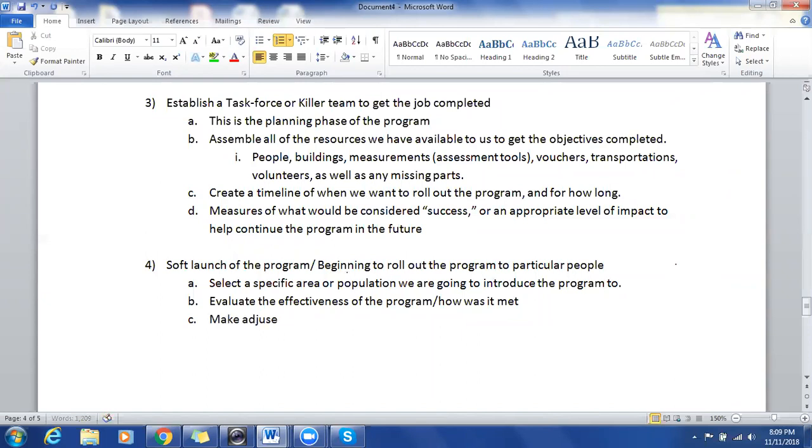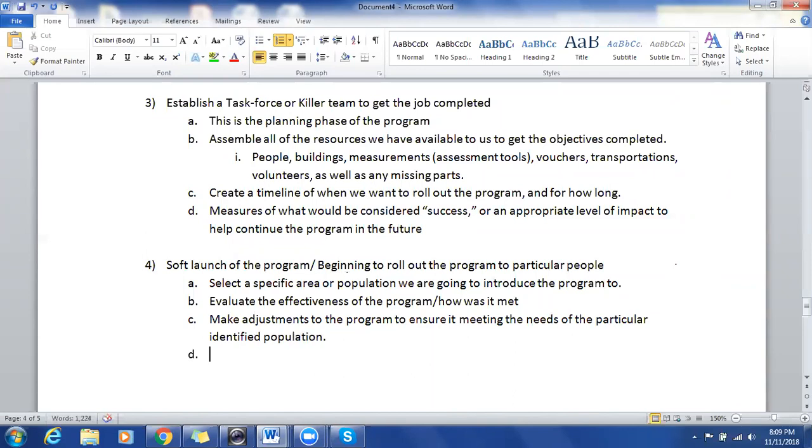It's often to meet a need rather than to compare to the overall society. So this is where we make adjustments to the program to ensure it is meeting the needs of the particular identified population.